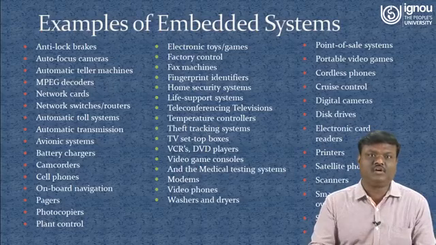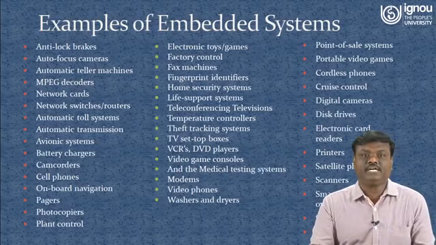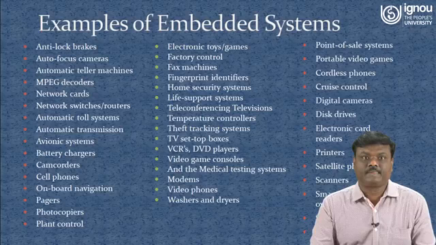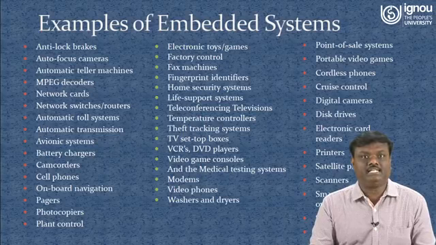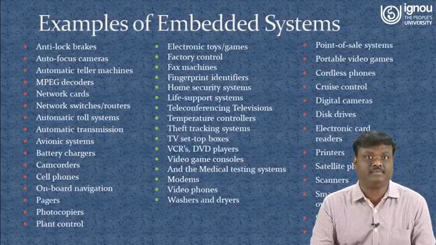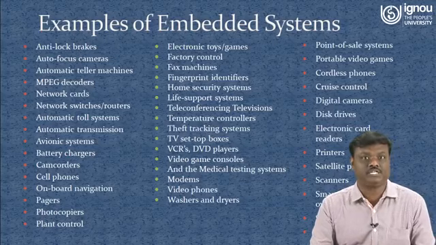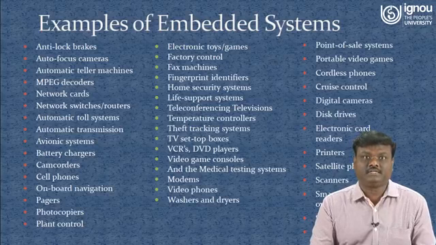I have given many examples here pertaining to embedded systems, like anti-lock brakes and autofocus cameras. Canon, Sony and other cameras nowadays come with inbuilt embedded systems, maybe for image processing, maybe for storage, maybe for other reasons.